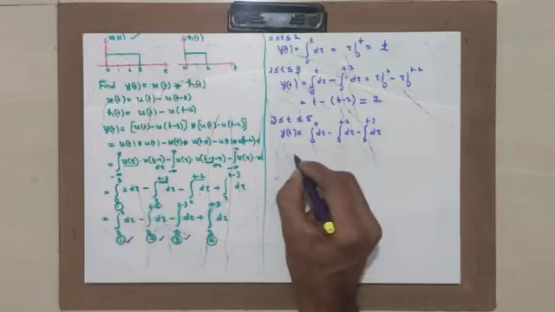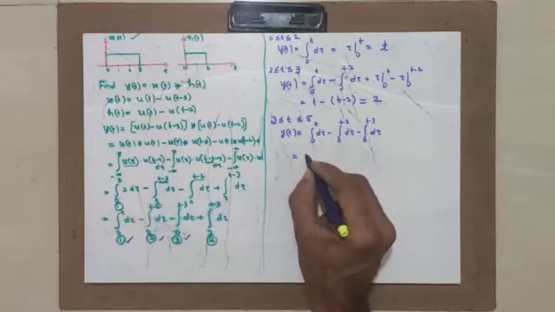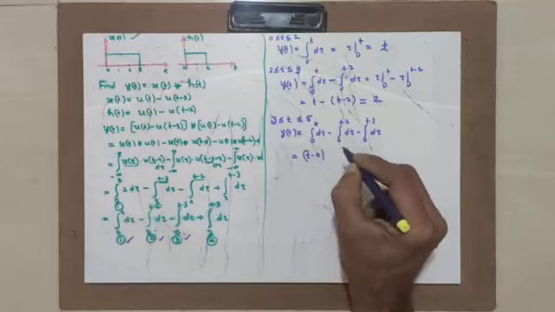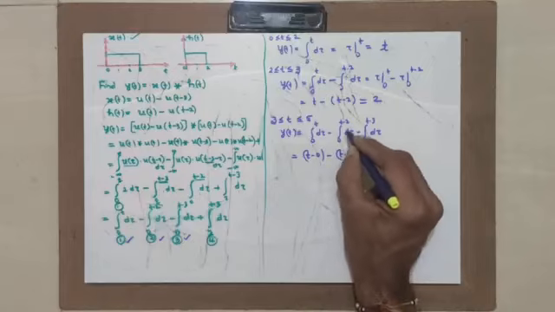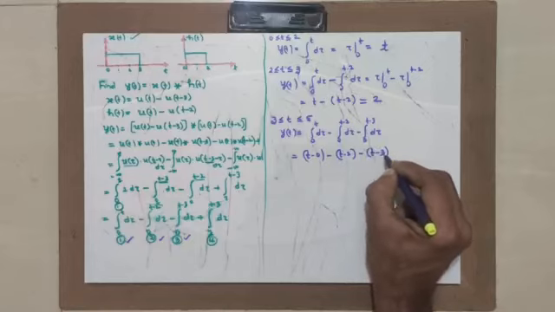Now here again, d tau integration gives you tau, upper and lower limit: t minus 0, minus t minus 2, minus t minus 3.